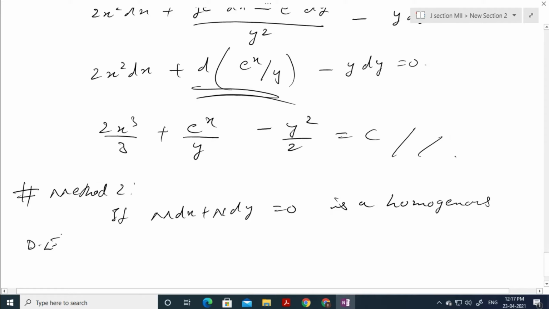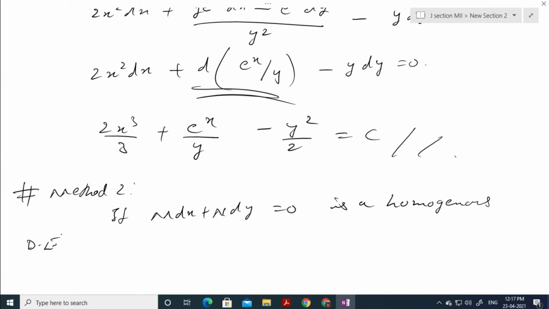When I say homogeneous differential equation, you can solve by that method also. Okay, but this is not exact. Homogeneous but not exact. Remember this thing. That's why we are finding the integrating factors here.